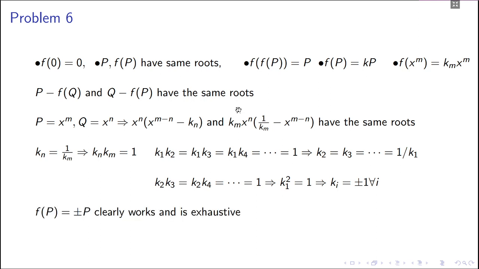So f of p equal to plus or minus p, it works, and it's also exhaustive. It cannot be anything else. So we have found what f is, and this is the way to approach functional equations. So I hope you enjoyed the video, and if you are interested, you can write to me.